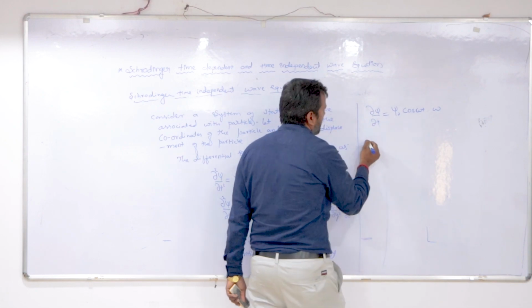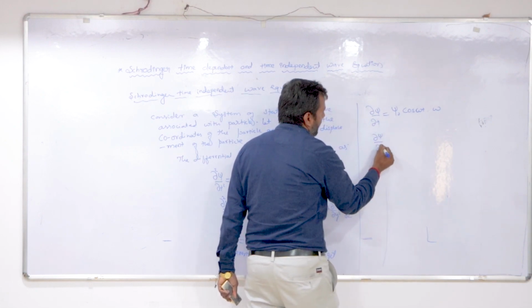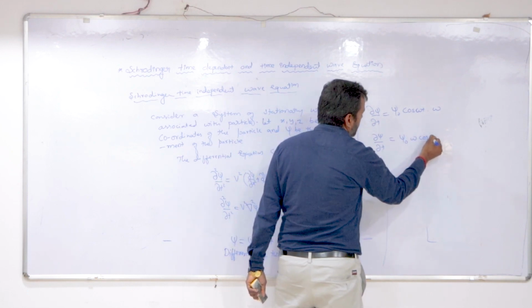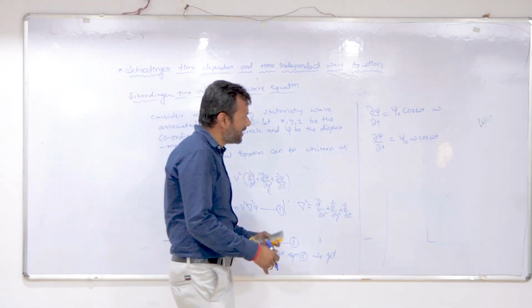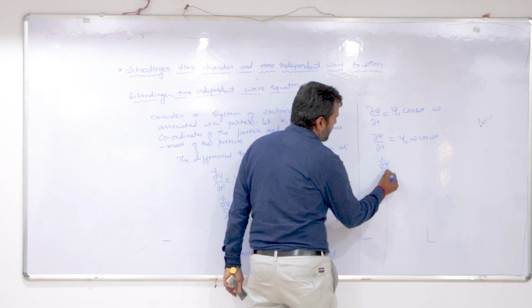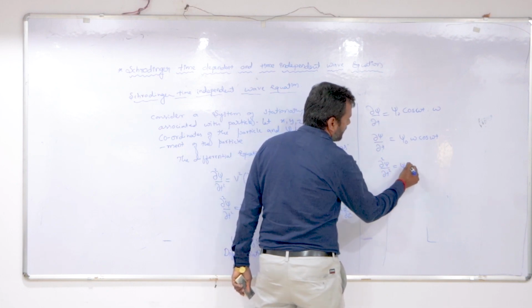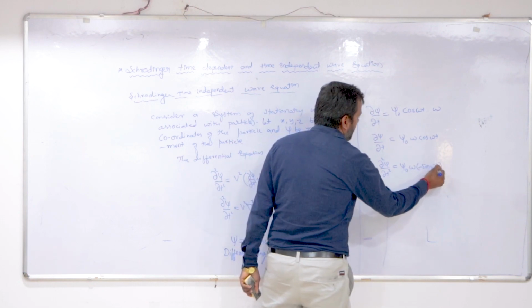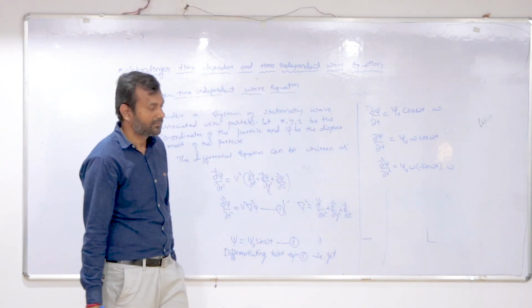So dou psi by dou t is equal to psi naught omega cos omega t, right? Again I am differentiating: dou square psi by dou t square is equal to psi naught omega, minus sin omega t into omega, right?